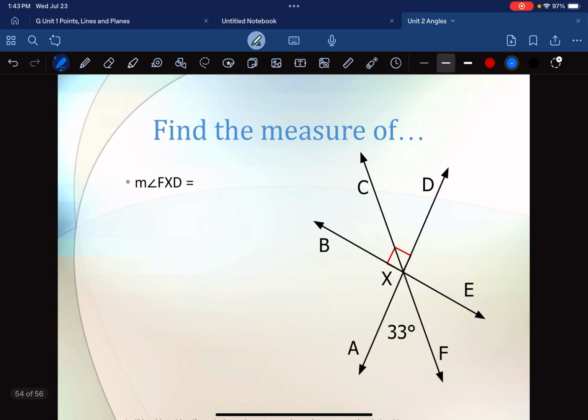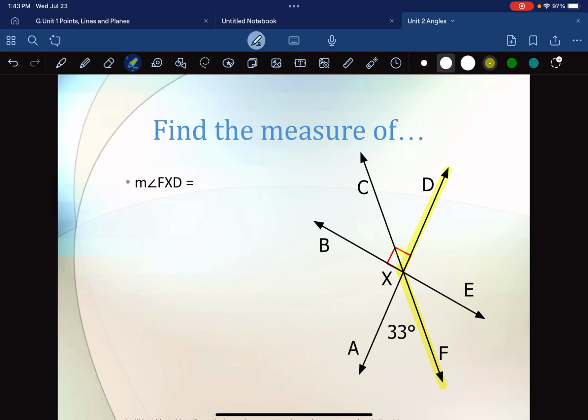How about FXD? Well, again, we know CXD. Oh, that's not going to help us. Well, I suppose we can just do this. We can just say AXF and FXD. Well, FXD is not a straight line, but what we can do is make a linear pair with something.